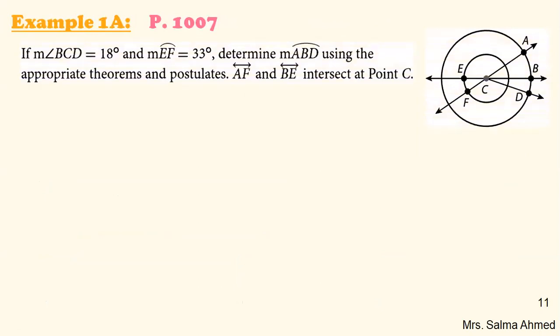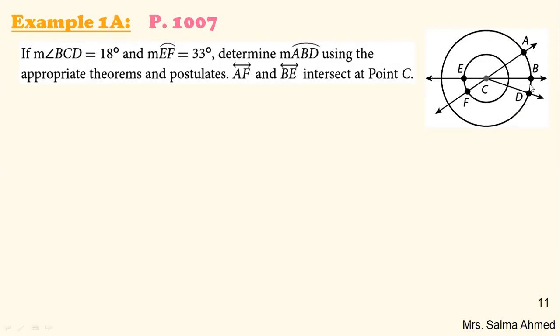Example. If measure of angle BCD, which is this small angle, is 18 degrees, and measure of arc EF is 33, determine the measure of arc ABD.